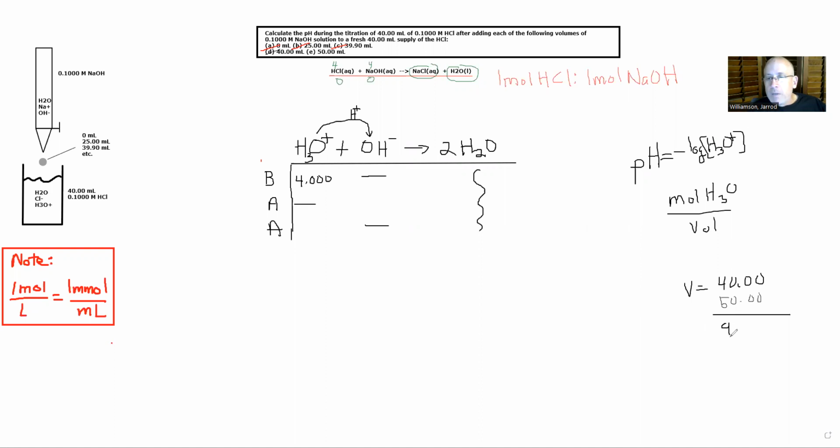So now I've got 90 mils. How much hydroxide ion did I add? 50 mils times 0.1000. That's millimoles per milliliter of hydroxide ion. That's going to end up being 5 millimoles.